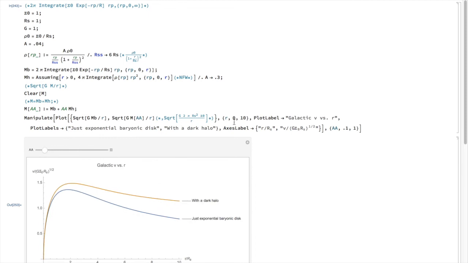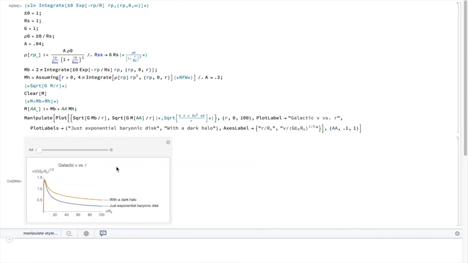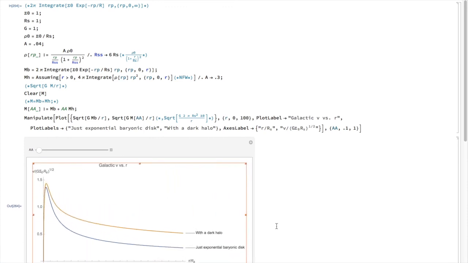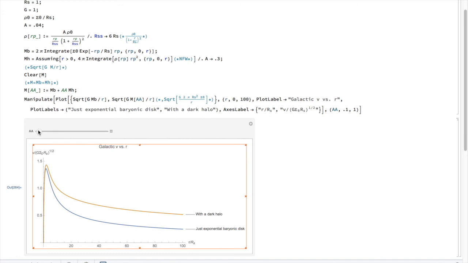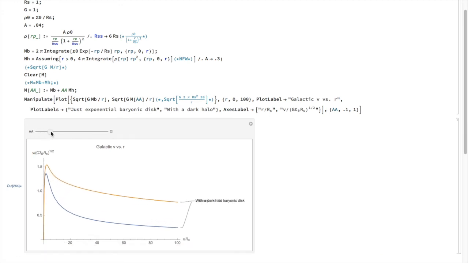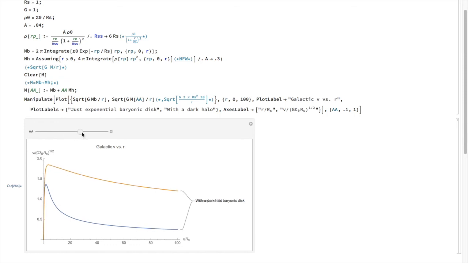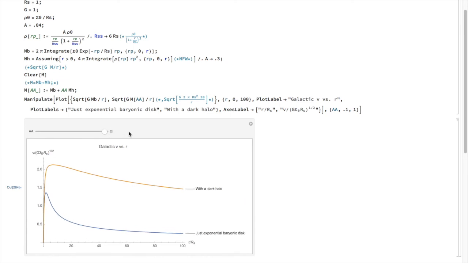Turn it down, turn it down. Why don't I go ahead and integrate again out to 100 scale lengths, and I'll show you the same thing. Eventually, at far enough distance, you expect the velocities to fall off. But at least what you can see is that you get some flattening closer to the core, and then eventually it will fall off.